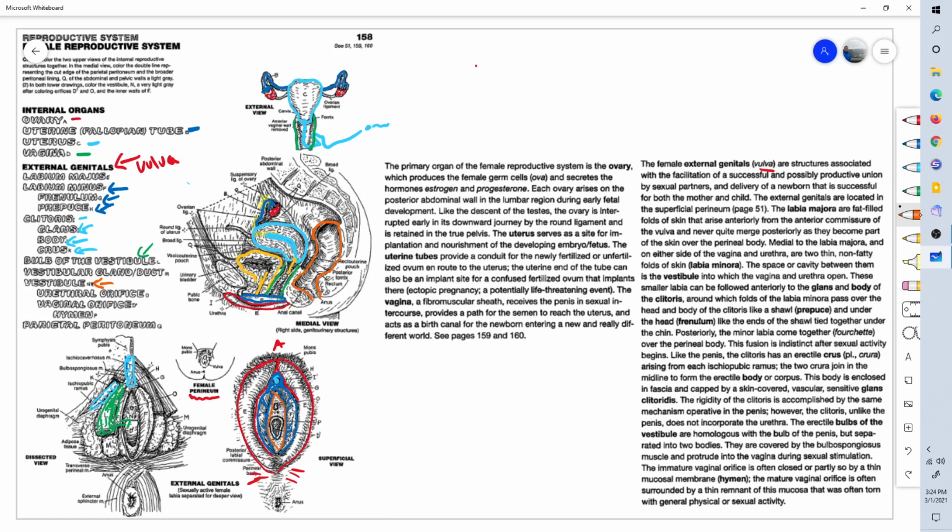And what is contained within the vestibule is the urethral orifice. This is the urethra, where urination occurs from the bladder here. The urethral orifice, and of course the vaginal orifice.